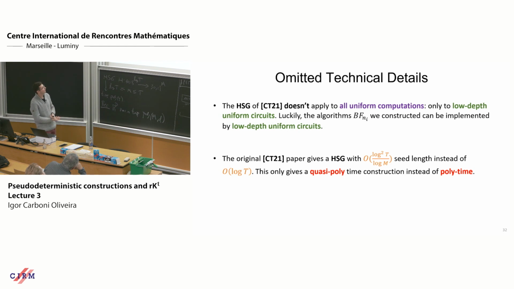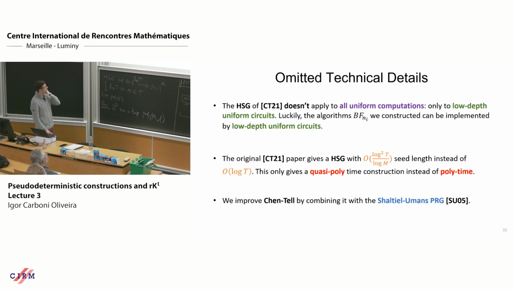The original generator didn't have the optimal stretch that we needed to get polynomial time. It would only give you quasi-polynomial time. So to actually get these parameters, we had to improve a little bit on the seed length of the generator. And to do that, we had to replace some components of the Chen-Tell generator with something called the Chou-Tiao-Hu-Mans PRG. But I won't be discussing these extensions.